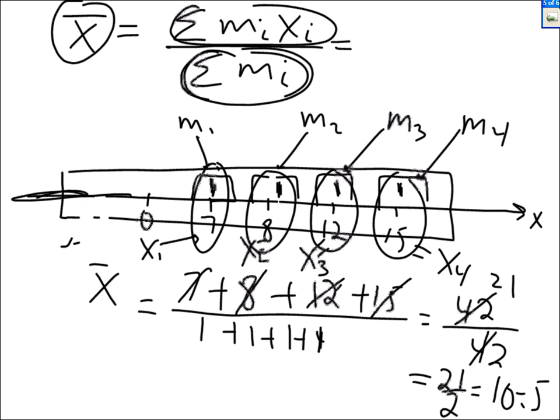What does that mean for us? Well, 10 is right in between 8 and 12. So right here, at 10 and a half, you put the fulcrum. You really should have support there.